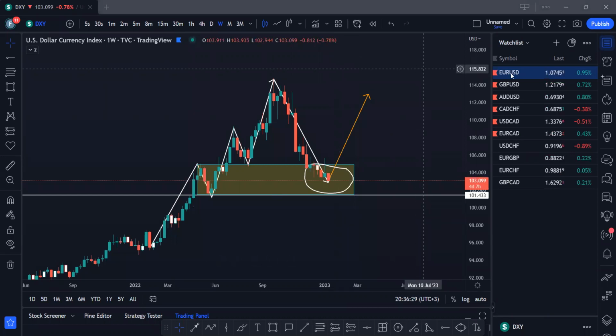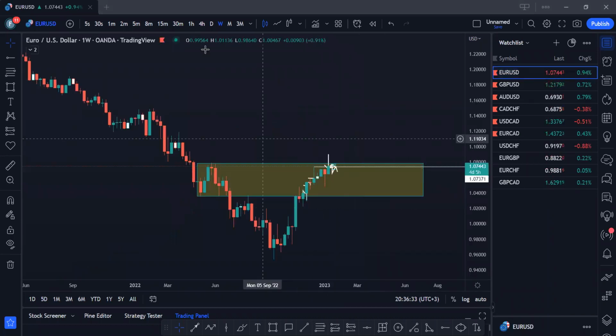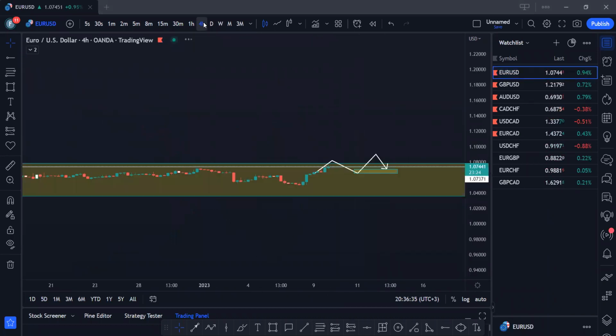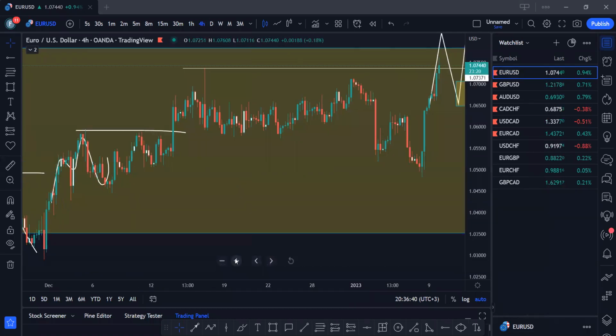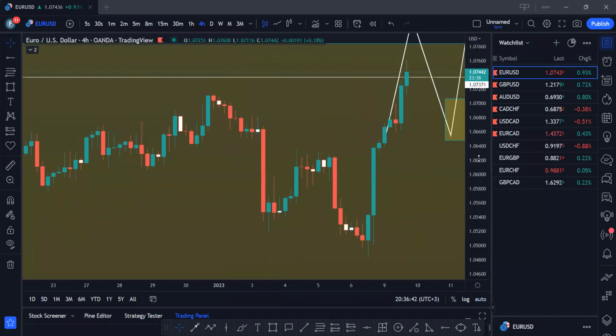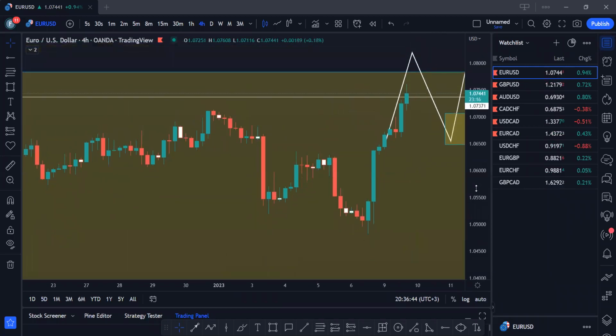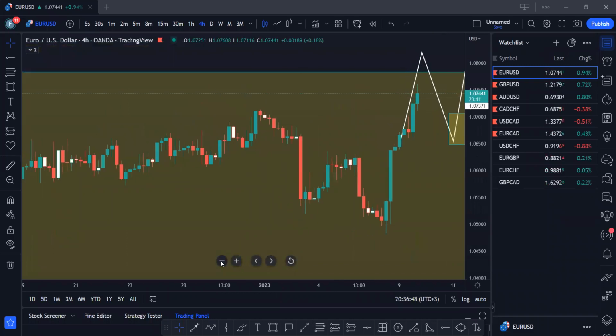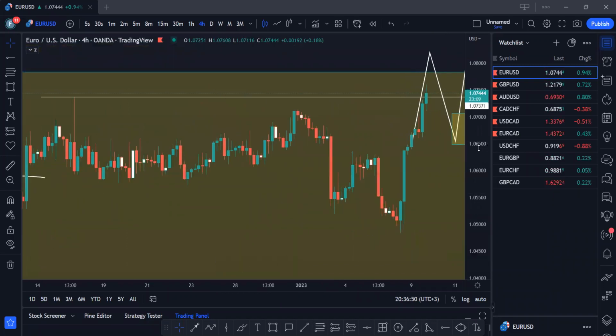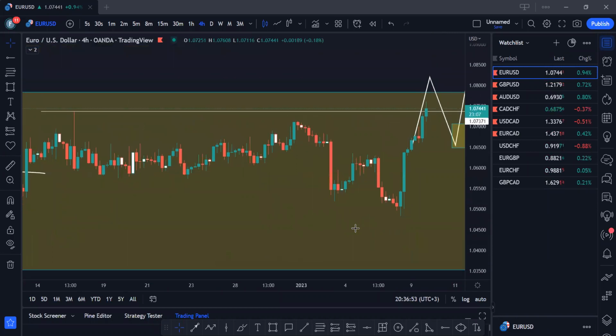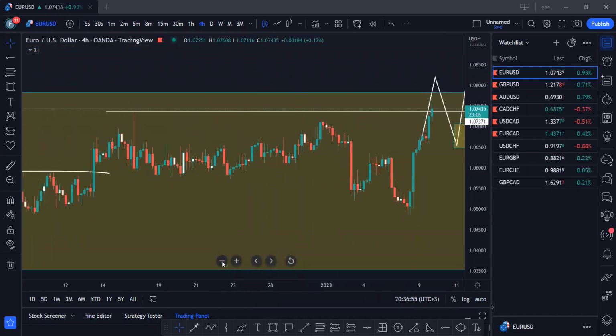Euro USD, let's see what's going to play out in the next few days. On these pairs, we should really know exactly what price will do from Wednesday, because real reversals happen on Wednesdays, most of the time.